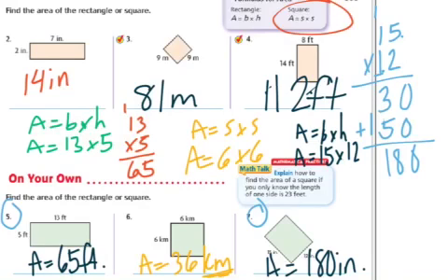Now, tomorrow, what we're going to look at is adding shapes, or finding the area of shapes that might look like this. So what we're going to have to do tomorrow is form two separate shapes in order to find their areas. We're going to have to find a place to divide our shape, whether it's divided there, and then we'd have a rectangle here, and another rectangle here, or with this same shape, I'm just going to redraw it.